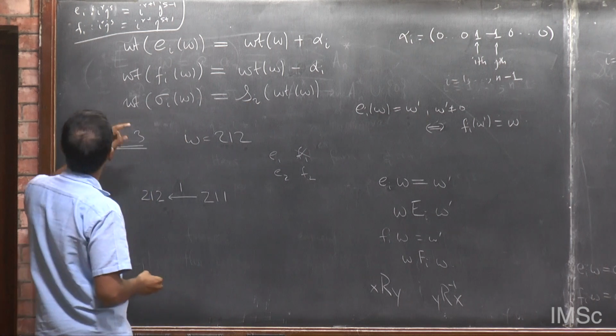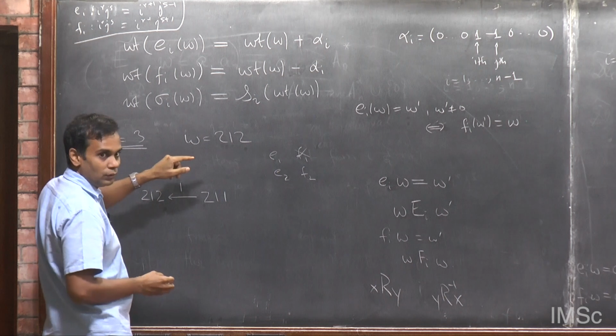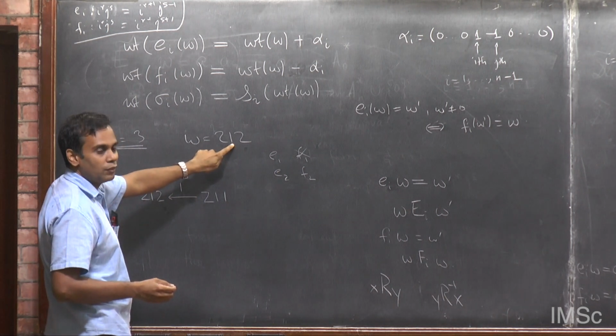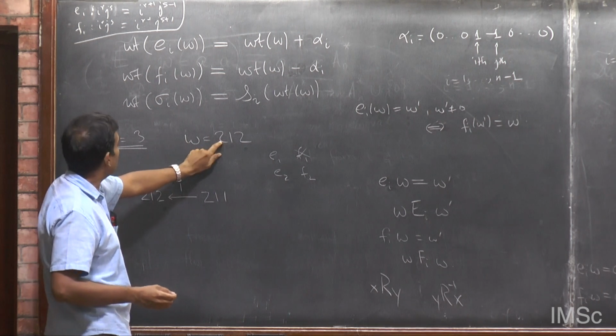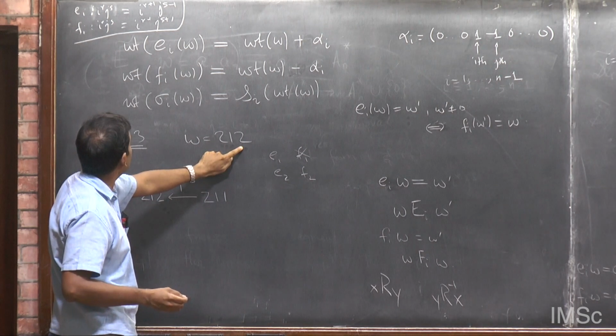If you fix i equals 2 and freeze, then you are freezing all the letters 1, so you are just left with 2 2. Now i is 2 and j is 3.